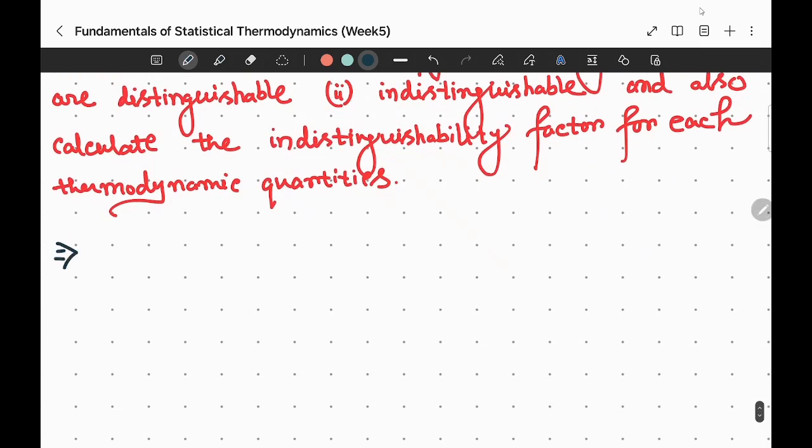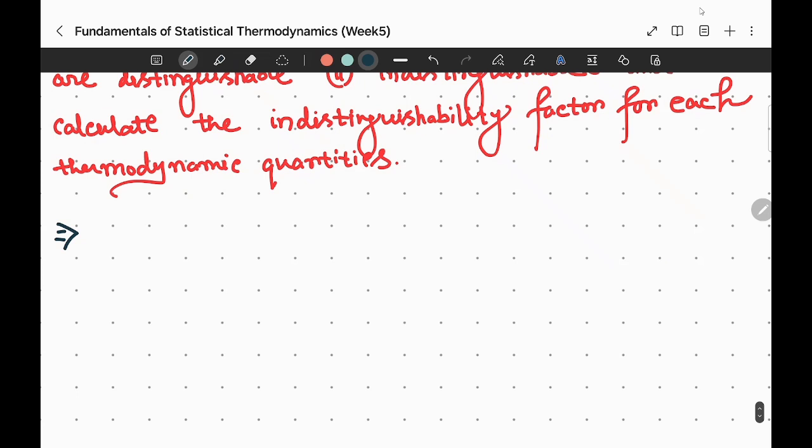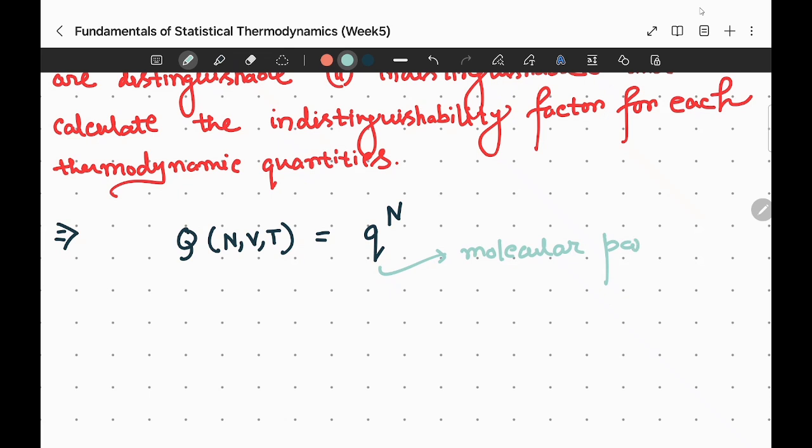So in last class I discussed that Q is a canonical partition function, which is a function of N, V, and T. This canonical partition function we know can be written as q to the power N, where q is the molecular partition function. This is our molecular partition function, and this is our canonical partition function.